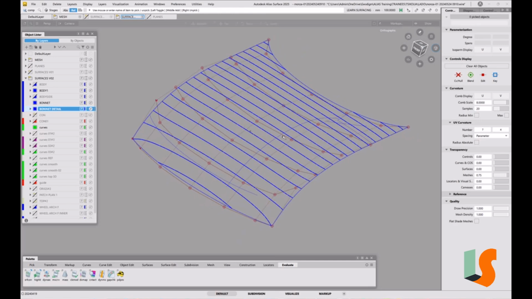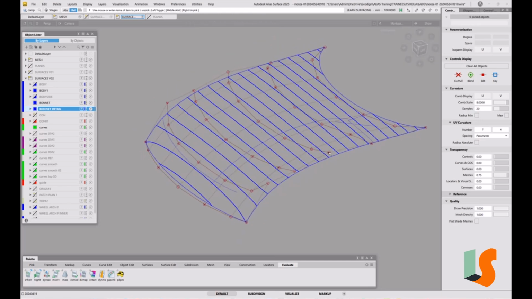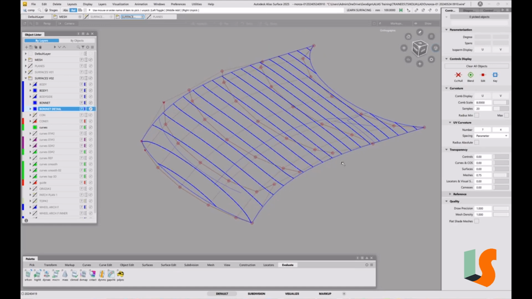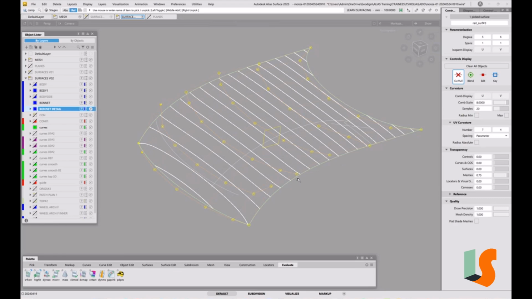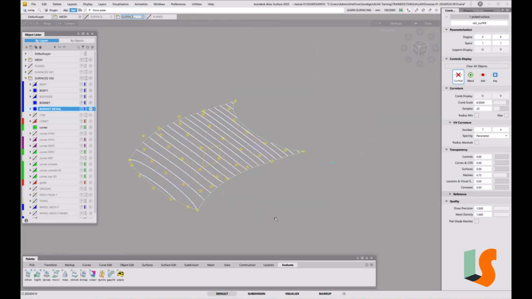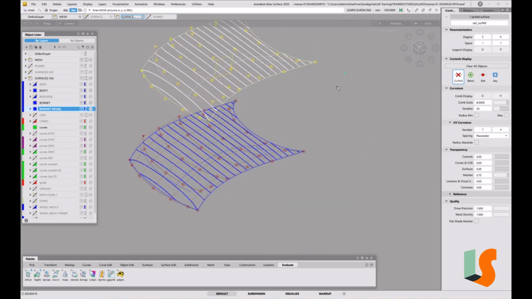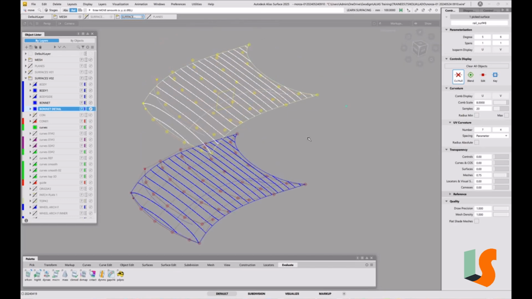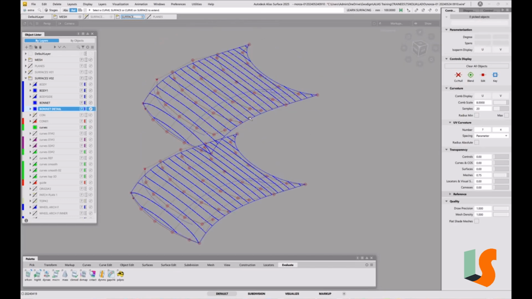But the beauty of having this big surface is that because it's extended in all directions, it does mean you can play with these CVs out here and see where the surface is going to go in a natural way. So I'm not too worried about where those CVs are. If I take that and just copy that, and let's move that up here, and what I'll do is just extend that inwards.